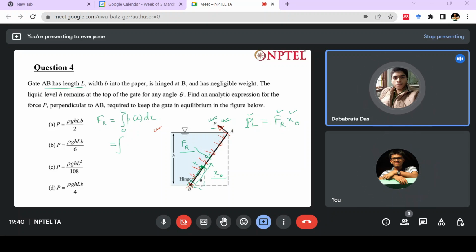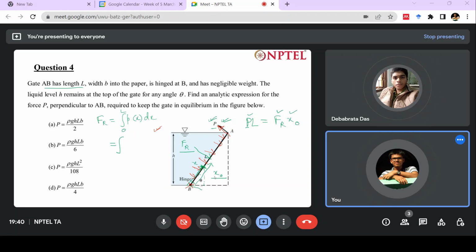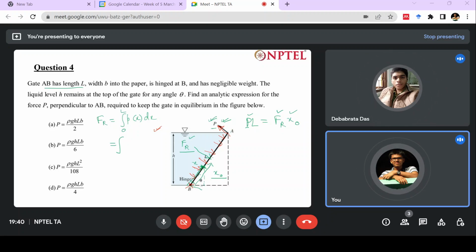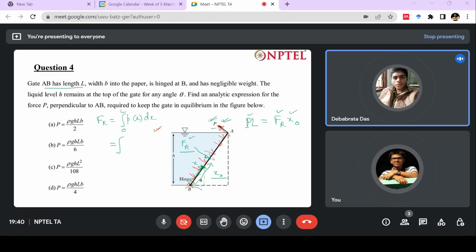Rho g, if we take the component along x, in the sine and cos, so rho g x cancels out. But you don't need to do that sine and cos. Pressure always acts perpendicular to a surface, so you don't need to take the perpendicular component.